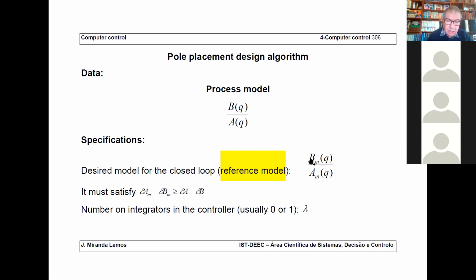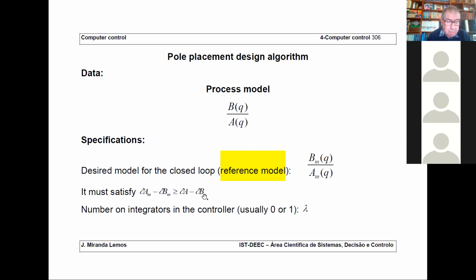The desired zeros are the roots of BM, the desired poles are the roots of AM. When you do these specifications, you must satisfy this condition. The excess of poles over zeros of the desired system must be bigger or equal than the excess of the process model.